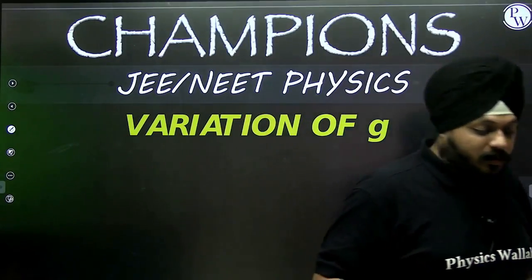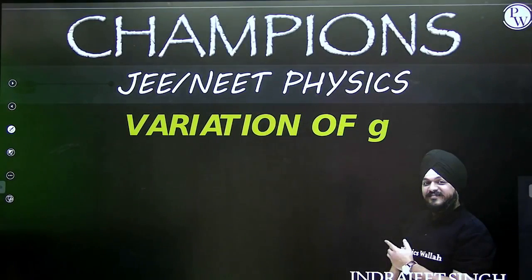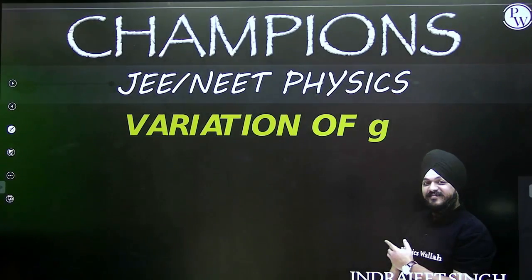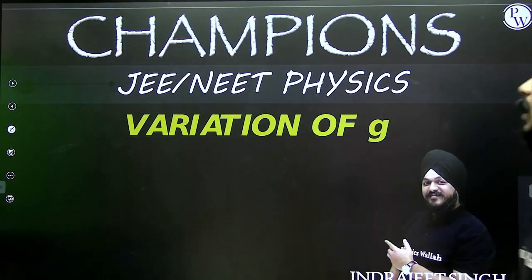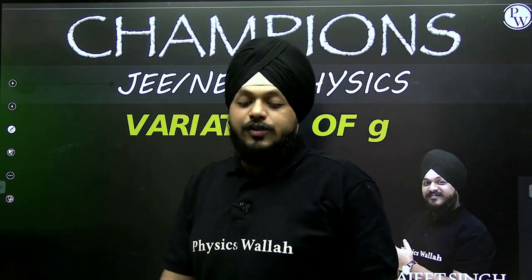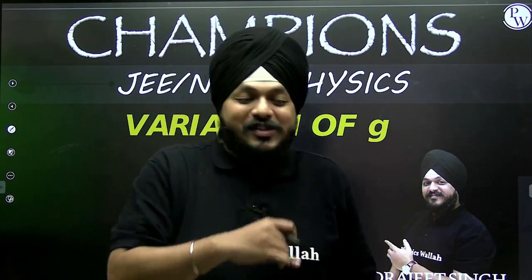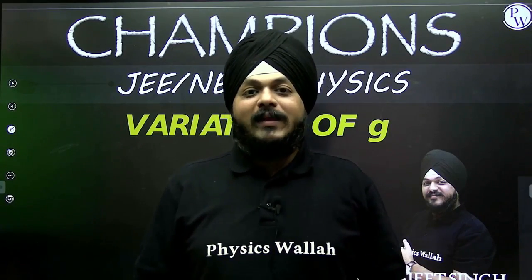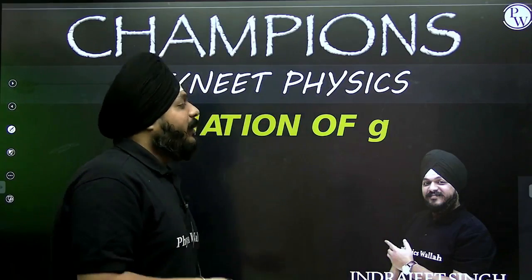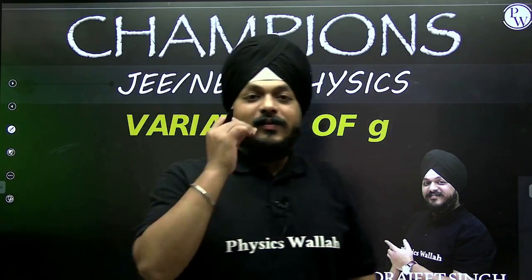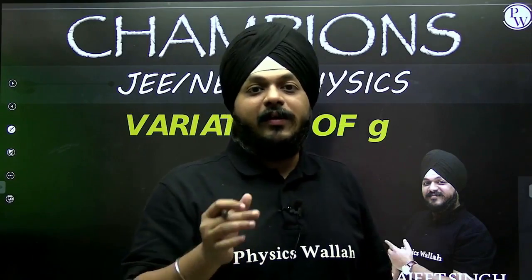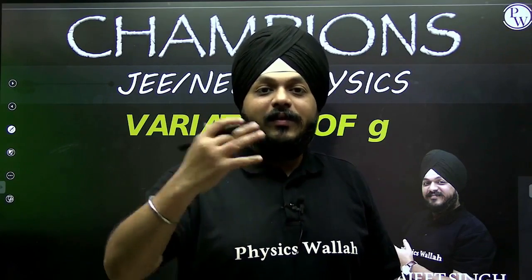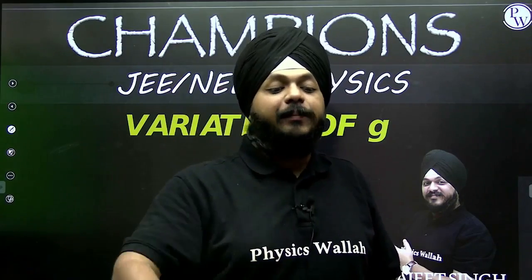Now let's move on to the most important aspect: variation of the small value of g. What is g all about, and how is the value of small g getting changed? In our previous part, when we saw Newton's law of gravitation, we dealt with the factors on which the actual value of our force depends.